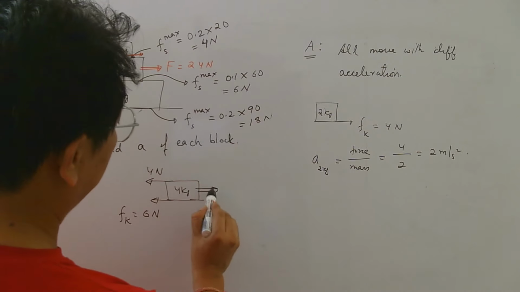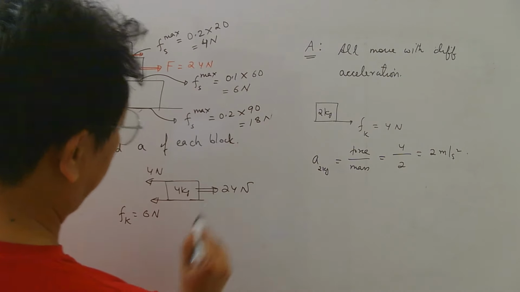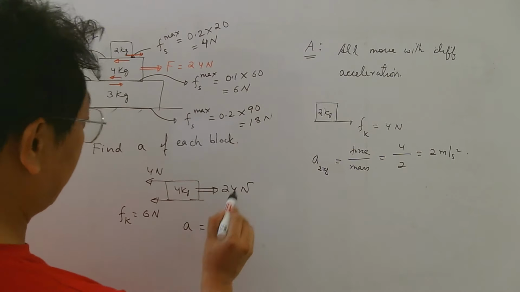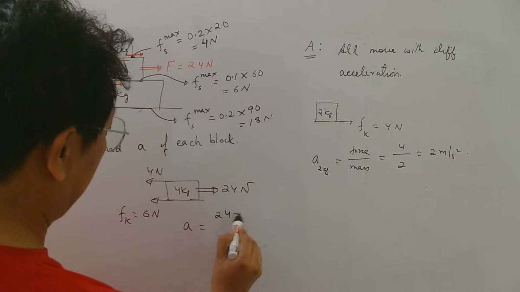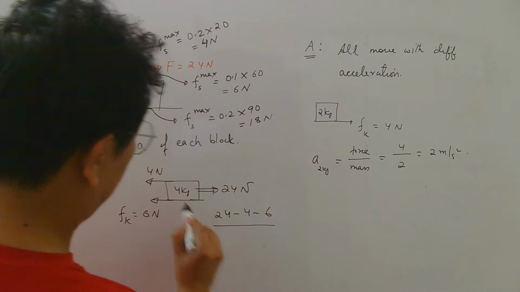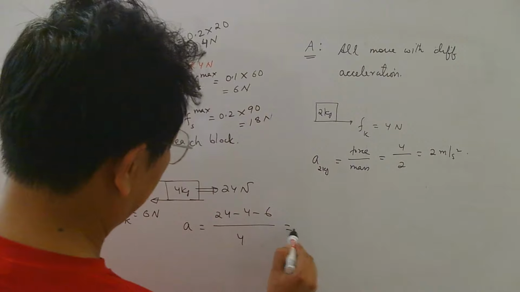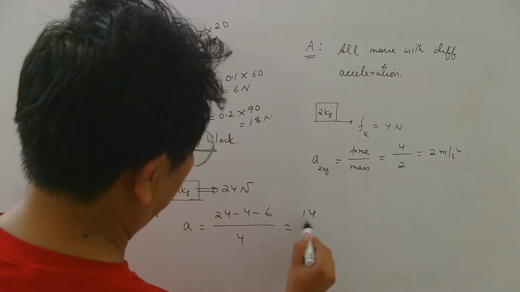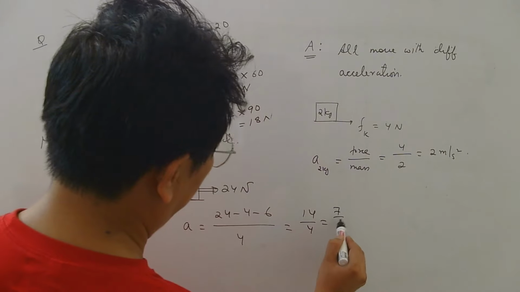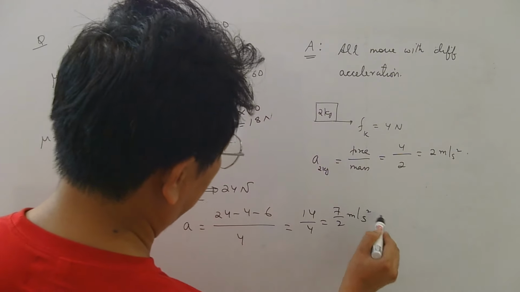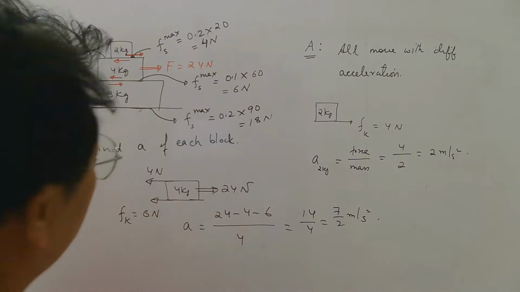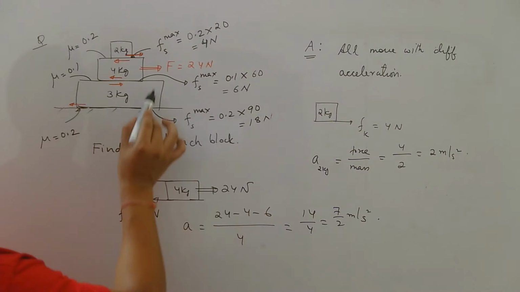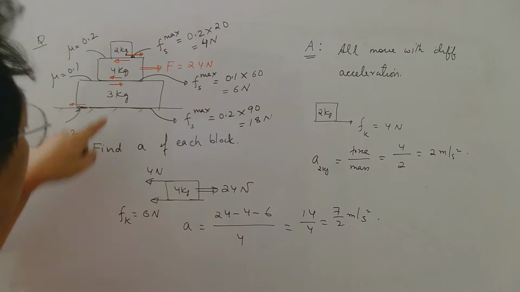Here applied force is 24 Newton. So acceleration would be, force is how much? 24 minus 4 minus 6 divided by mass is 4. So this is 20. 20 minus 6 will be 14 by 4. 7 by 2 meter per second square.